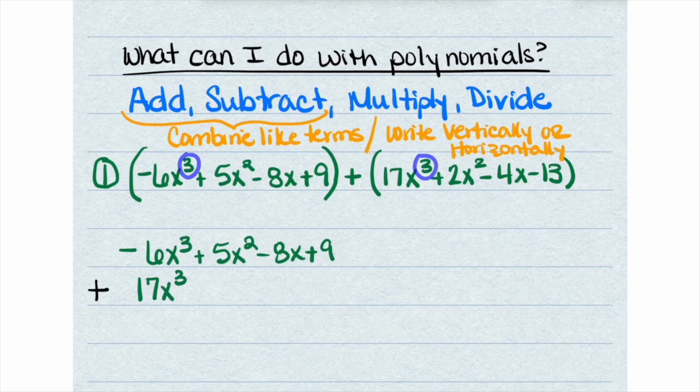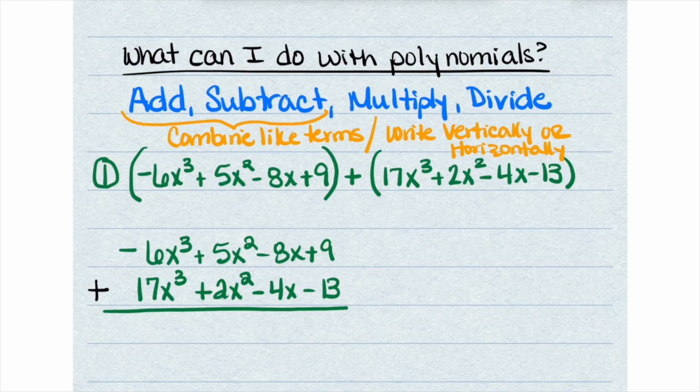So I'm going to put the cubes with the cubes, the squares with the squares, the x with the x, and the constants with the constants. So, where am I at? 2x squared minus 4x minus 13. You could write it just like that. And then when you do the math, you add these two, keep the signs, add these two, keep the signs, add these two. That would be a minus 8x and a minus 4x, and then add these two.